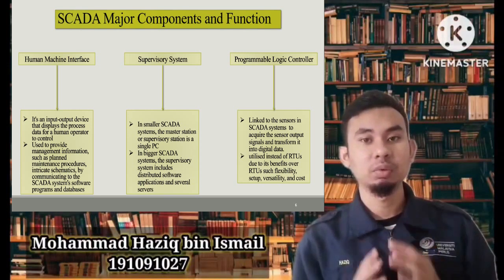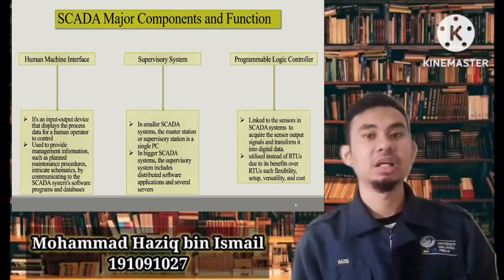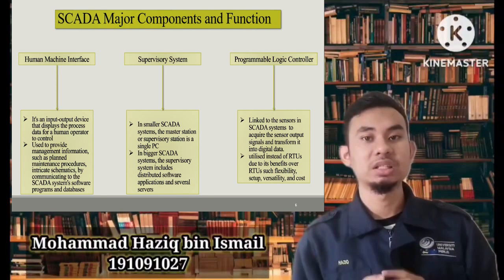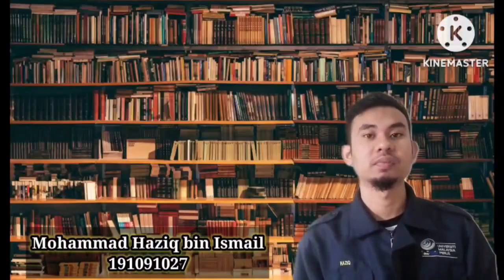Then, programmable logic controllers, number 3. PLCs are linked to the sensors in the SCADA system and acquire the sensor output signals and transform them into digital data. PLCs are utilized instead of RTUs due to their benefits over RTUs such as flexibility, setup, versatility, and also cost.